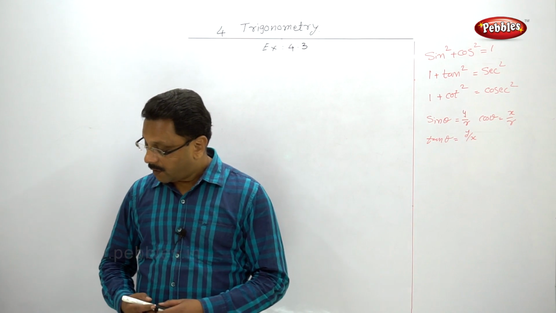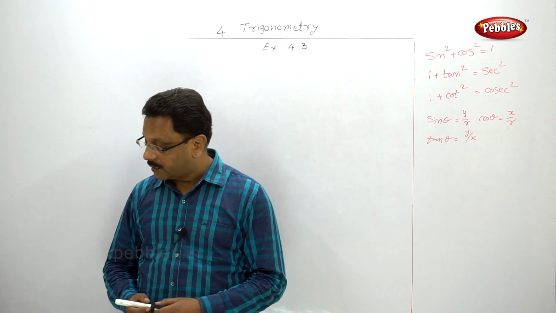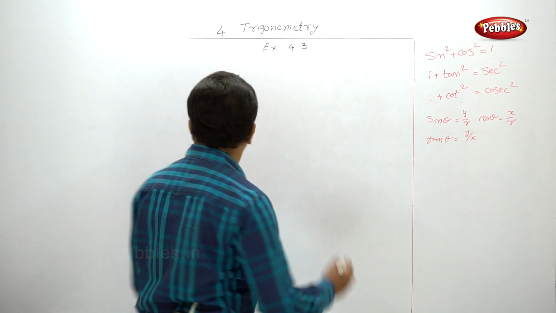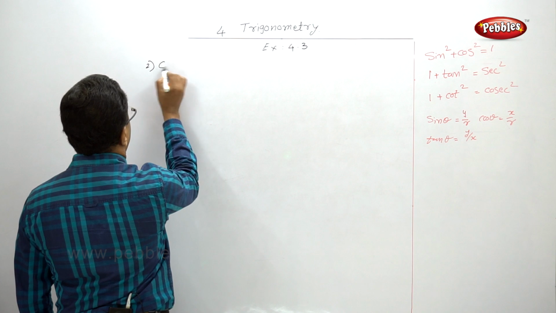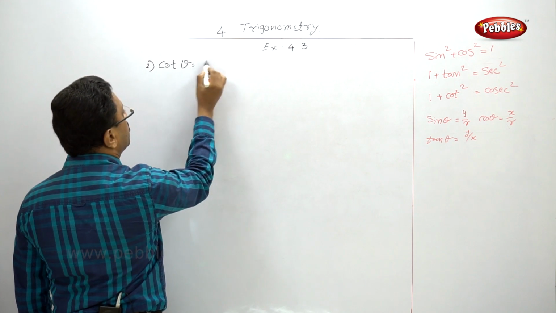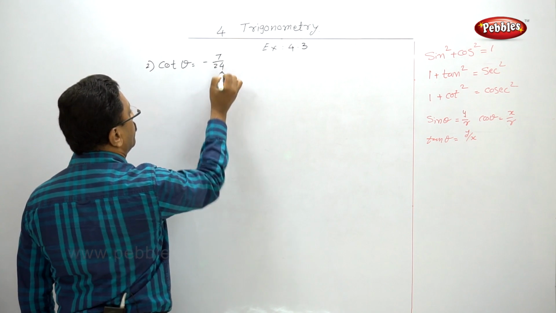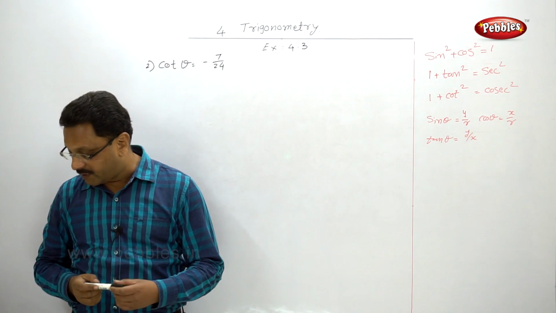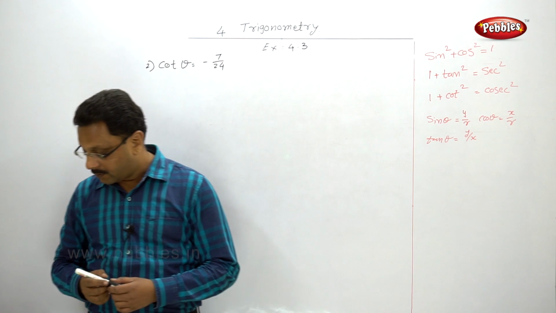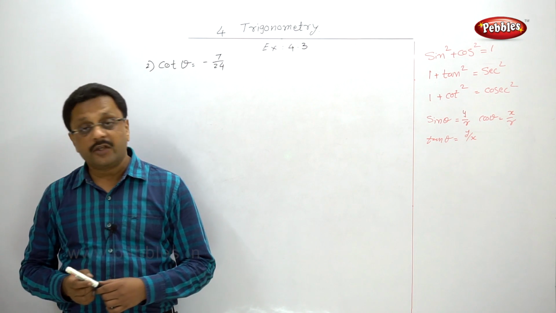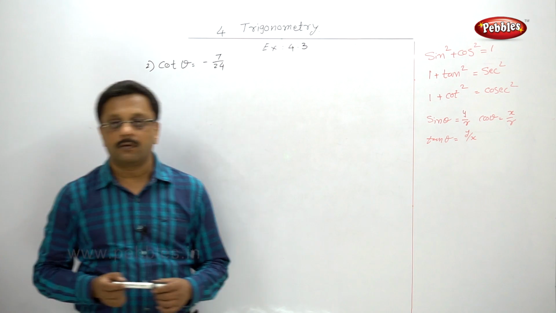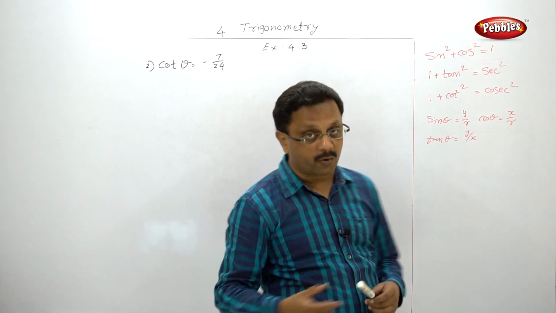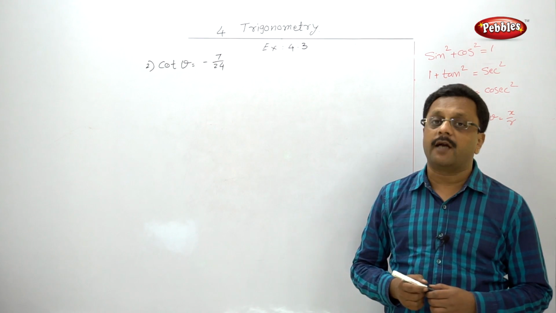Second example: if cot theta is equal to minus 7 by 24, find the value of sine theta and sec theta if theta is in quadrant 4. Now when theta is in quadrant 4, that means x is positive and y is negative.